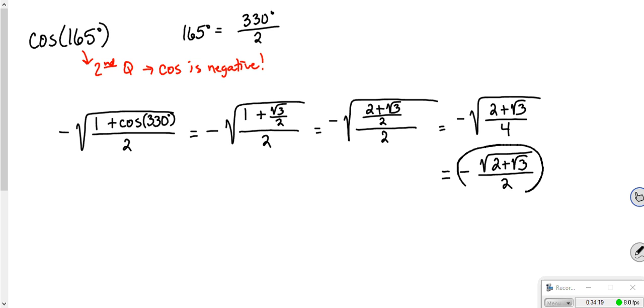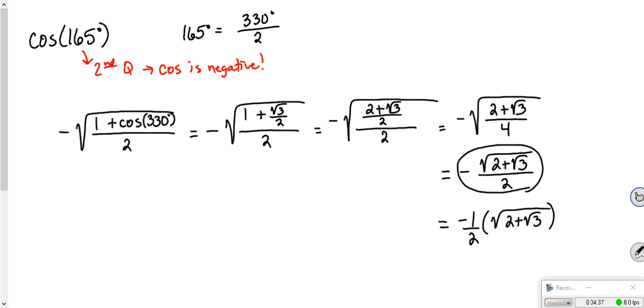That is probably how I would write it, or again, you can pull out the 1/2 in the front and then square root of 2 plus root 3. Either way, you've got to have that negative out there.